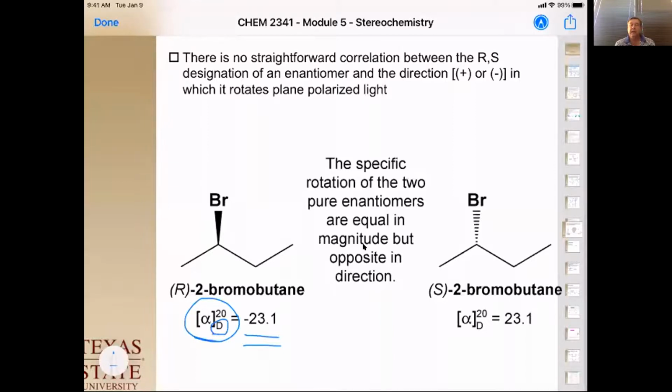The S isomer, if it was pure, is going to rotate it 23.1 degrees also, but in the positive direction. So once we've assigned this, we can include that in our name, as plus-S-2-bromobutane or minus-R-2-bromobutane.